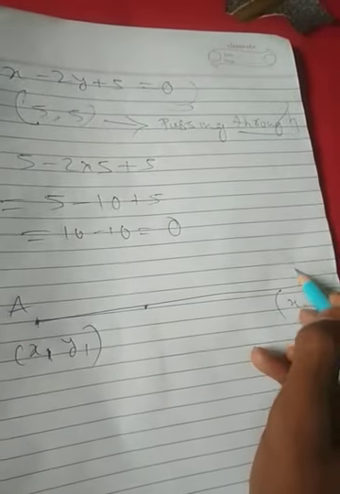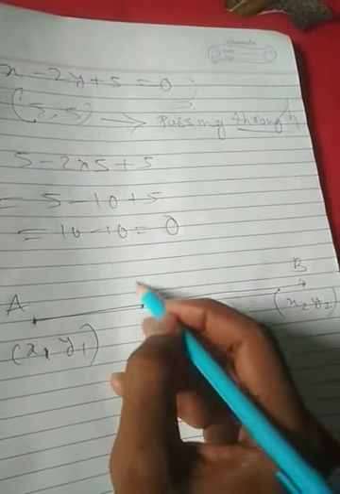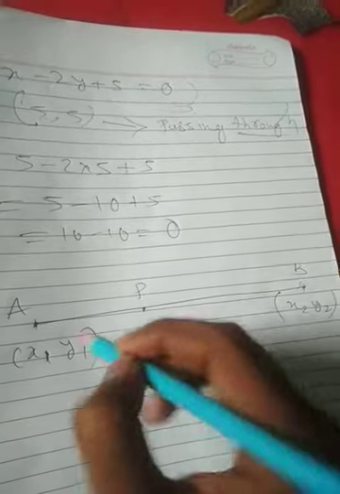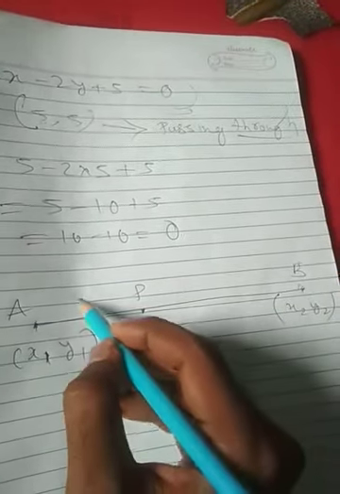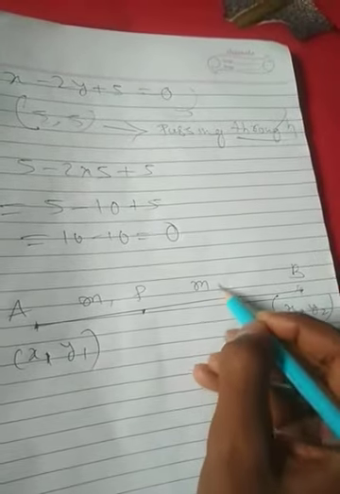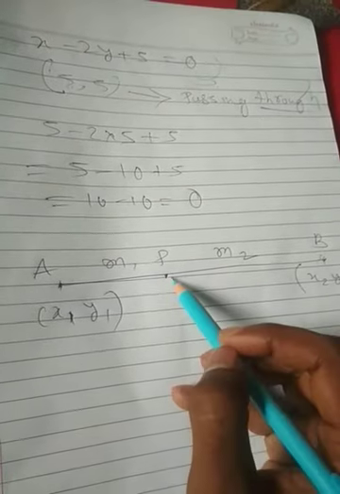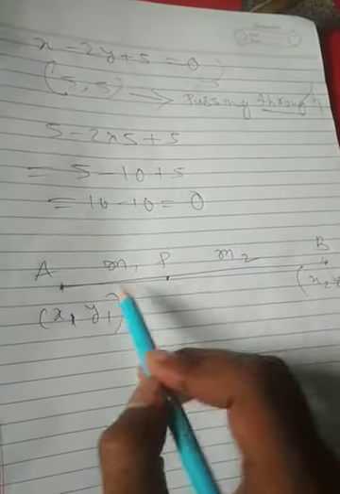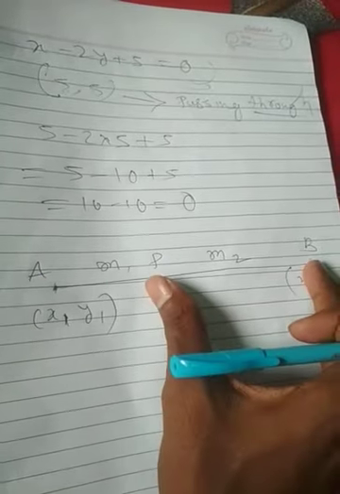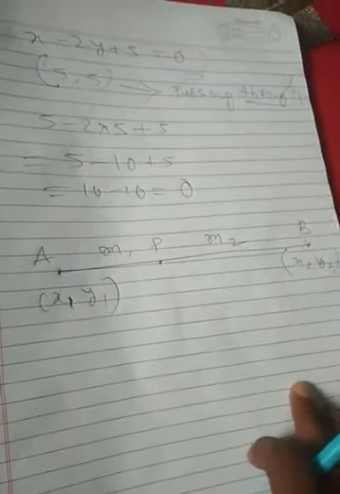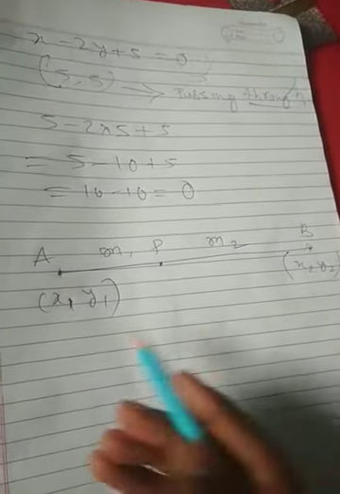This is A, B, and P is a point on the straight line which divides the line into M1 and M2 ratio. There is a line AB. P is a point on the line which divides the line into M1 and M2 ratio. So what will be the point P?